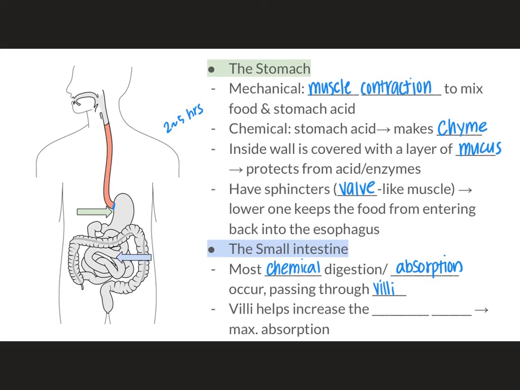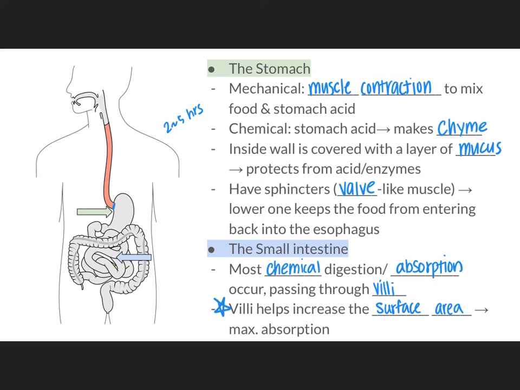You have more of them in the beginning of your intestine and then fewer as you go toward the end of the small intestine. Villi are very helpful because their main purpose is to increase the surface area of the small intestine. So the more surface area you have, the more nutrients you can absorb efficiently.